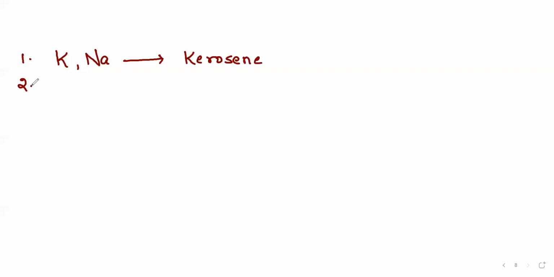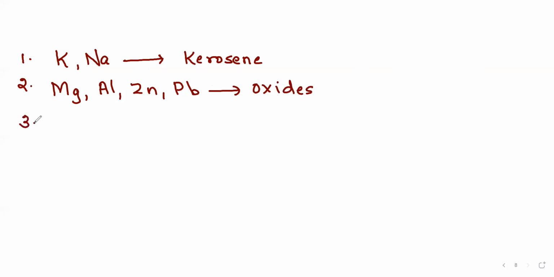Then the next set of metals are magnesium, aluminium, zinc and lead. All these form an oxide layer over them, so the oxide is already formed and further it will not react with air. After that comes the metal iron.